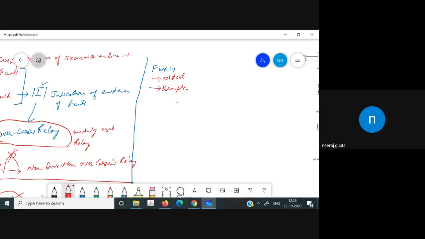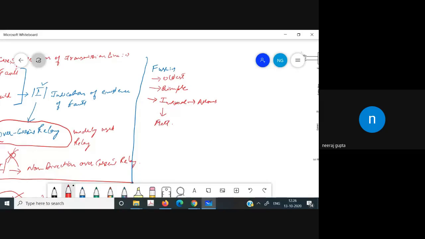And what does the fuse do? It allows the normal current to flow through it. However, if the current is more than the predetermined value for which it is designed, then it will melt.